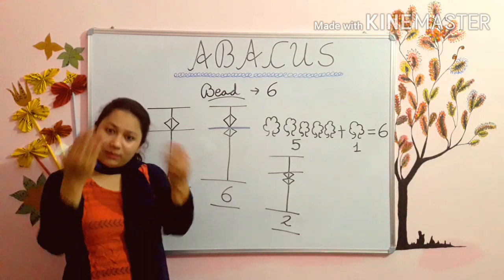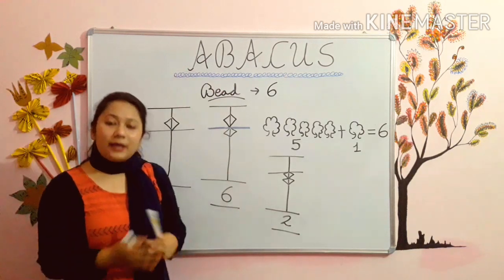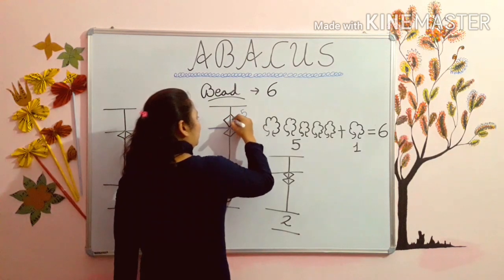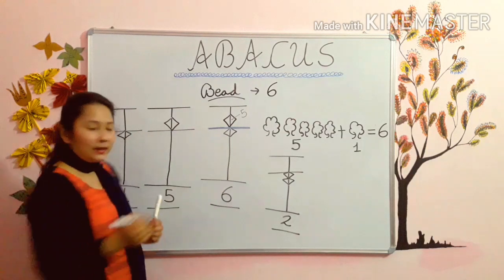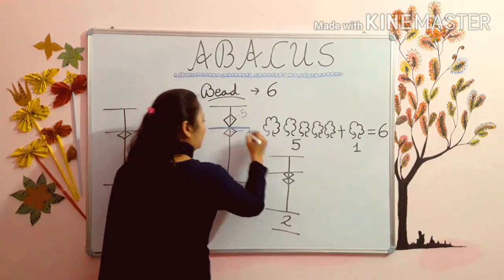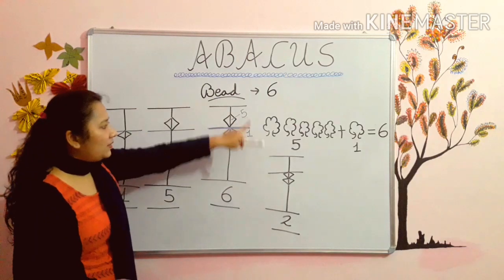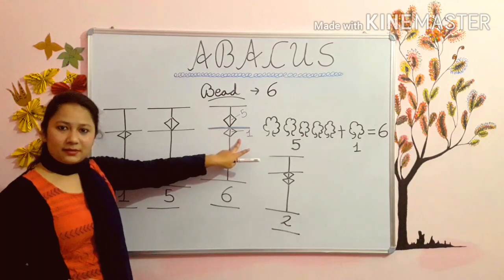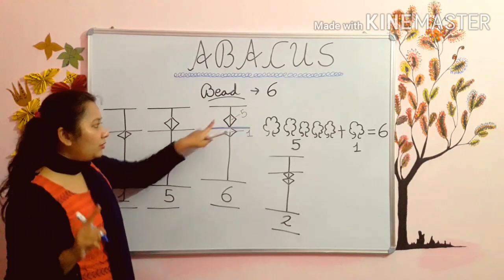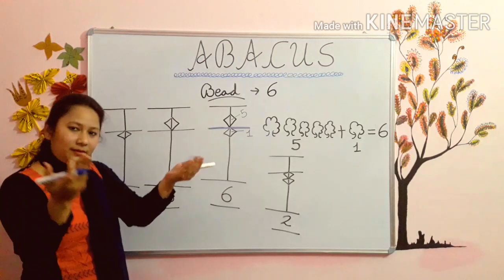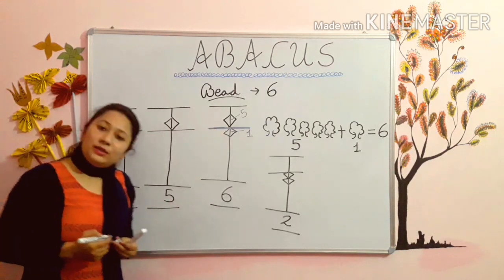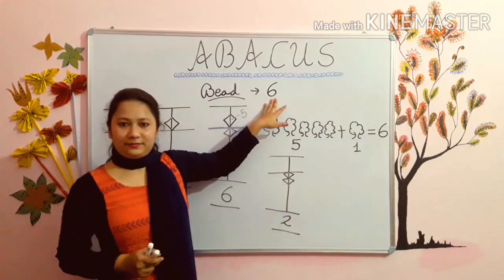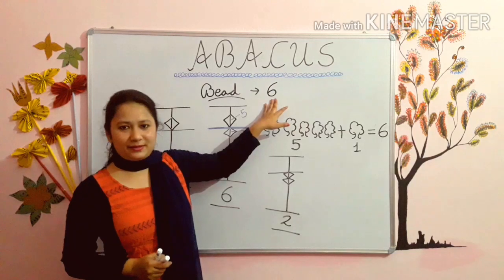A bead which goes above the line becomes bigger and it becomes 5. So this is 5 and this is 1. So 5 and 1, 6. 5, 6. This way you will count. Now students, today what have we learnt? We have learnt bead 6 in abacus.